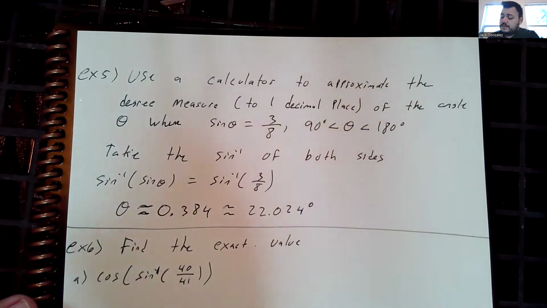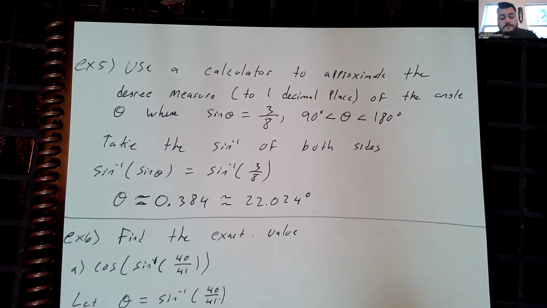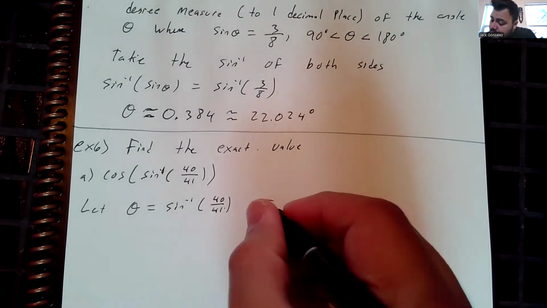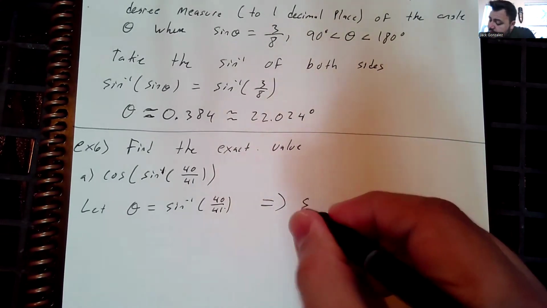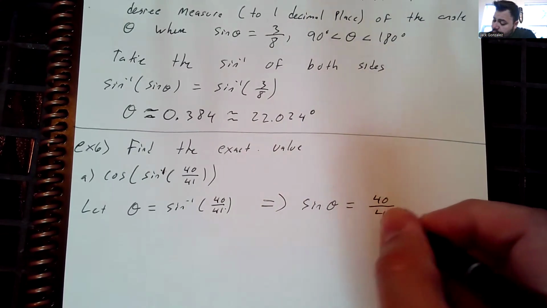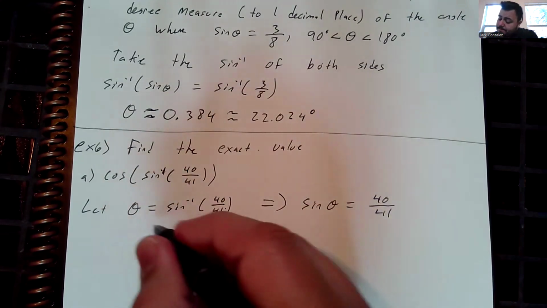So what you do is say let your theta equal sine inverse of 40 over 41. Say there's a theta that gives me this. Use the definition. That also means that sine of theta is equal to 40 over 41. So once you do this, you can build your triangle.